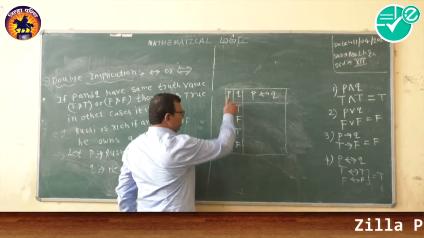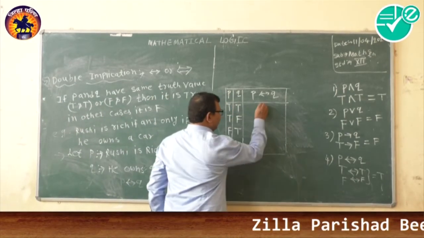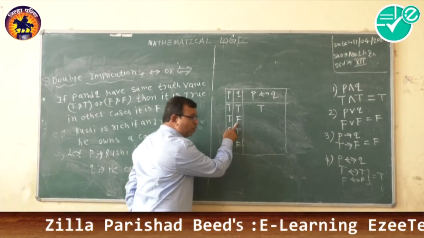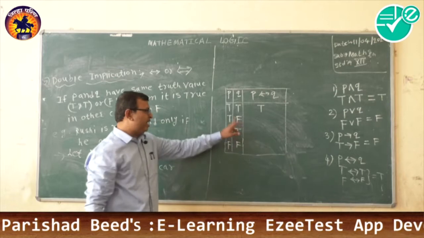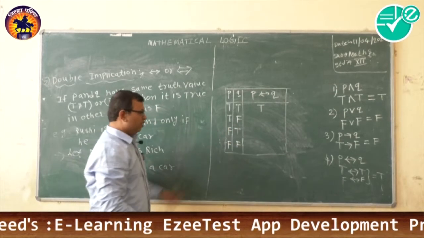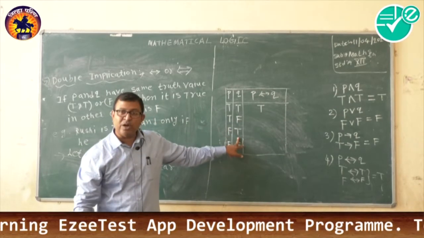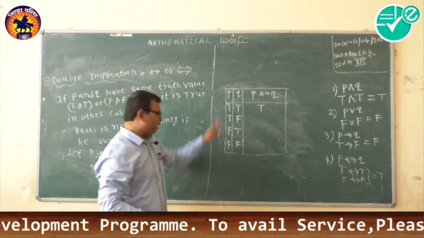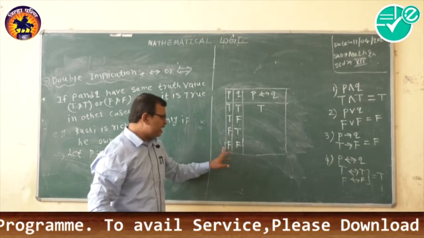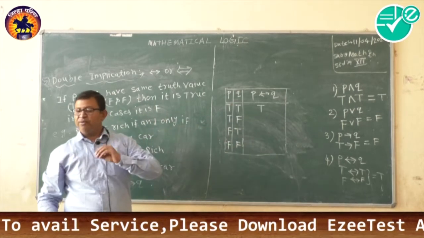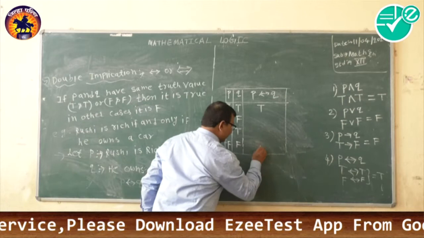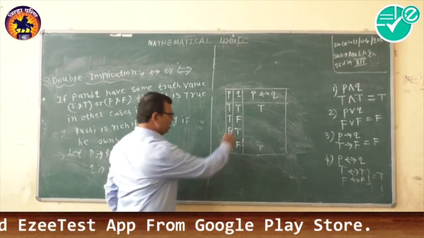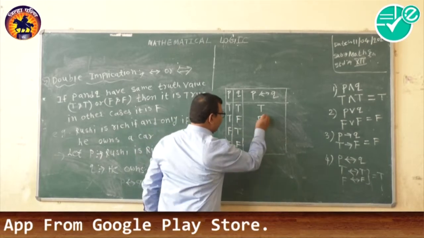Now see, P is true, Q is true, so it is true. Here it is true, but here it is not true. Here it is false, but here it is not false. But in the last one, P is false and Q is also false, so it is true. These two are true. In other cases, these other two are false.